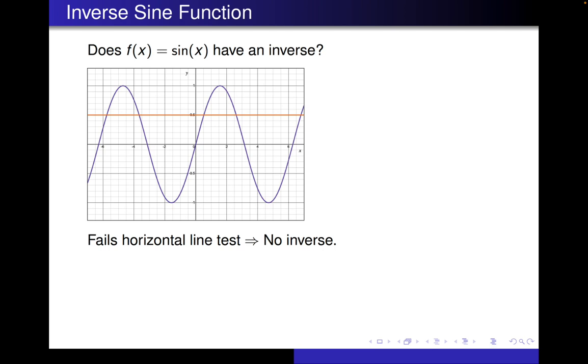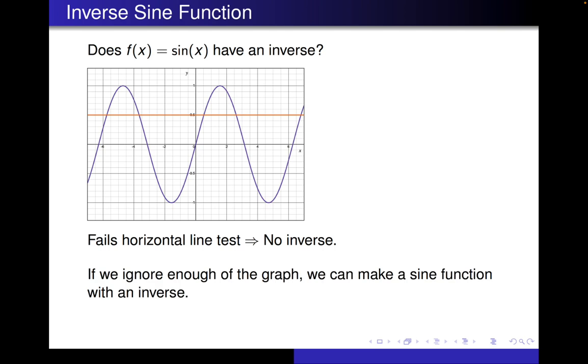So we could just walk away and say, yeah, sine of x has no inverse. Why even try? But what we're going to do is make some adjustments to the graph of sine of x so that we can actually have an inverse. In fact, if we ignore enough of the graph, we can make a sine function with an inverse.